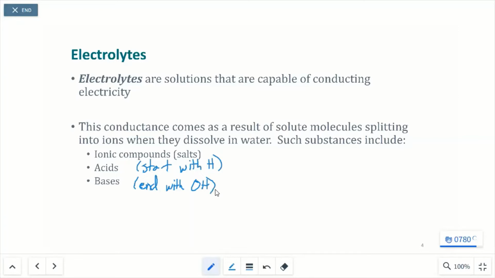And then we have bases. Bases are substances whose chemical formulas tend to end with OH. So we can very easily pick out by chemical formula whether a substance would be an electrolyte or non-electrolyte just by looking at it.